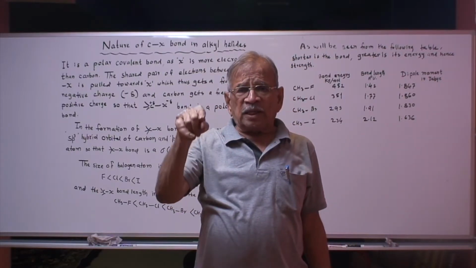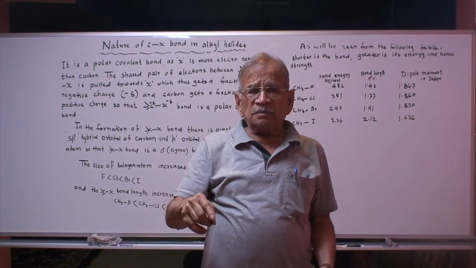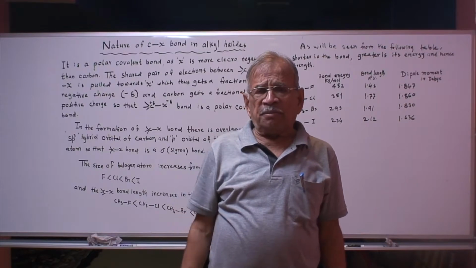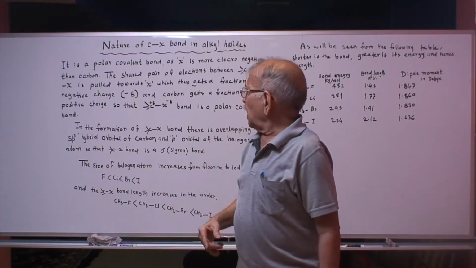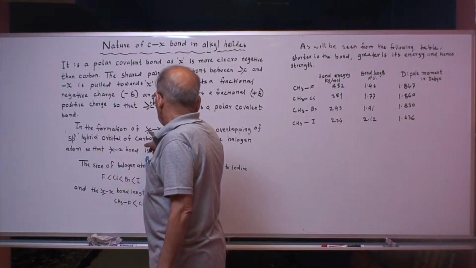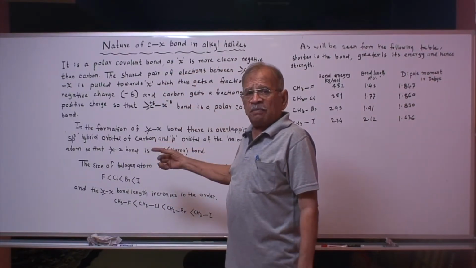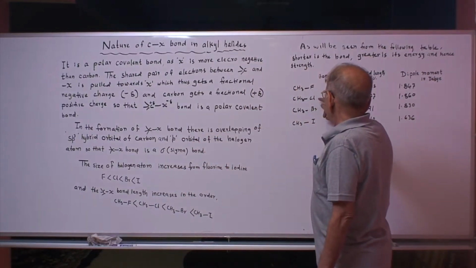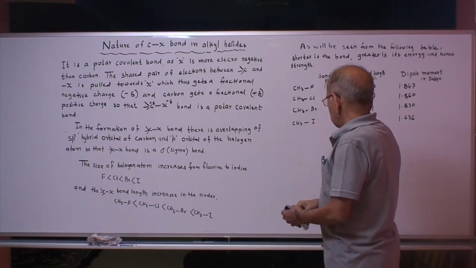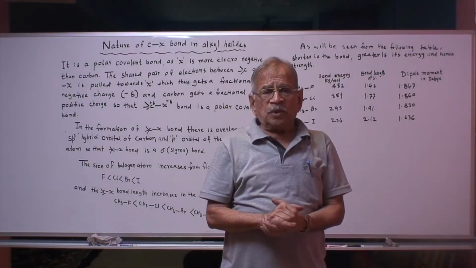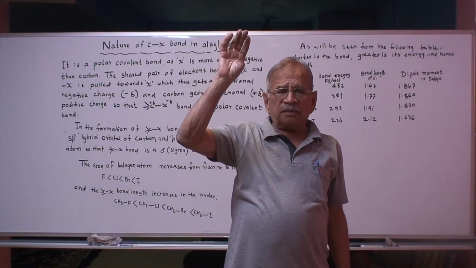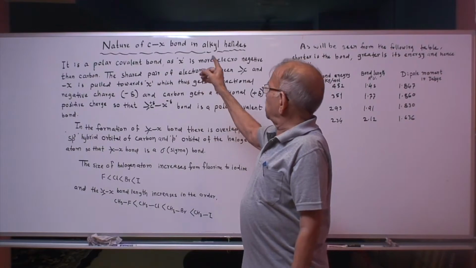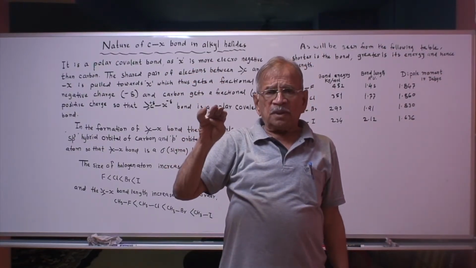The CX bond in alkyl halides is formed by coaxial overlapping of the sp3 hybrid orbital of carbon and the p orbital of the halogen atom, which may be F, Cl, Br, or I. So we have studied number one, the nature of the CX bond, how the bond is formed.